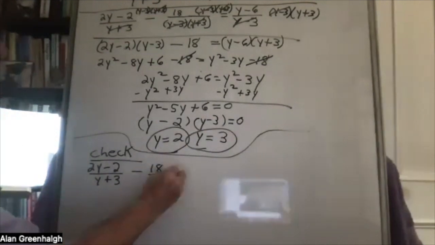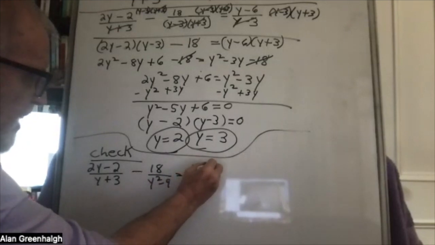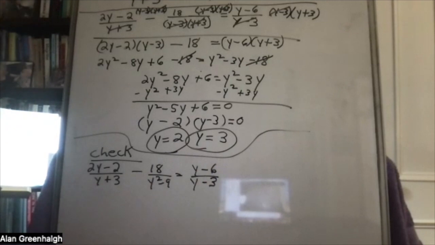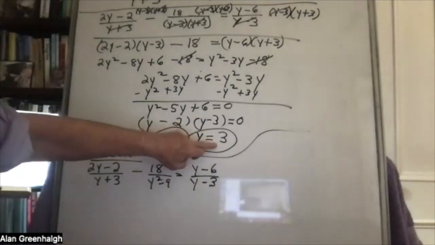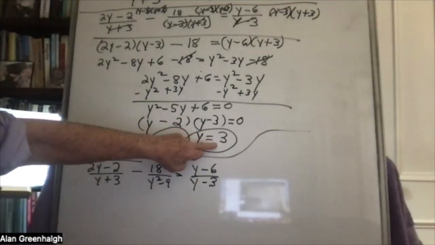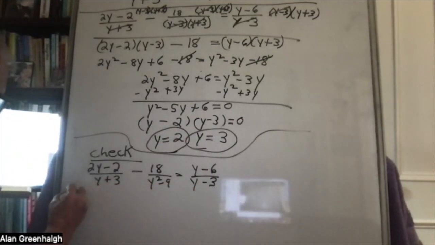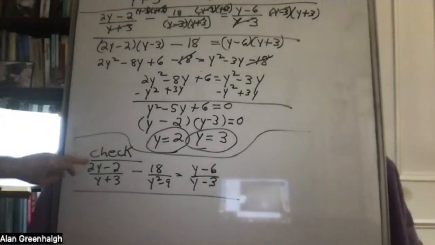And I don't know if you could see this yet, but if we substitute the y equals 3 in this equation, you could forget about the numerator. It's not the numerator we're concerned about.